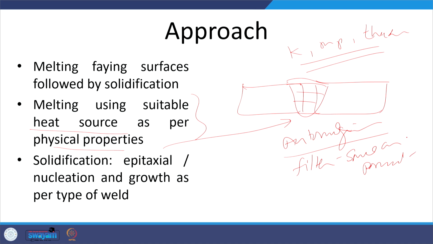So, the composition of the parent metal and weld metal is the same. In that case, the solidification will be epitaxial, meaning there is no nucleation, and direct growth will be taking place.